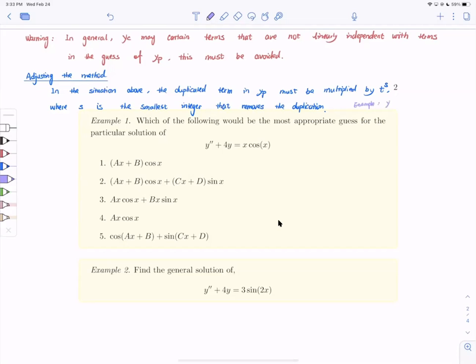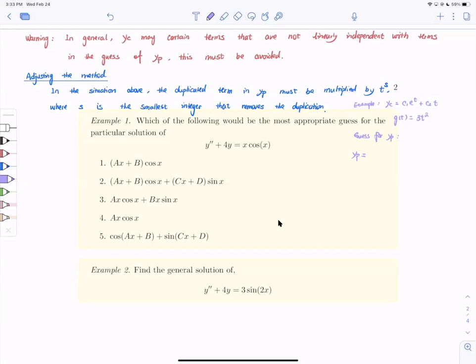Let's say your yc equals c1 e to the t plus c2 t, and your g of t equals 3t squared. Okay, so now what is going to be my guess for yp? Anyone know? So my yp should equal what? Ax squared plus bx plus c.